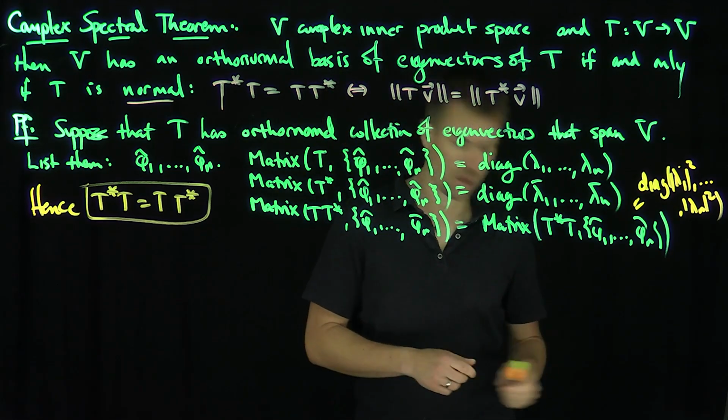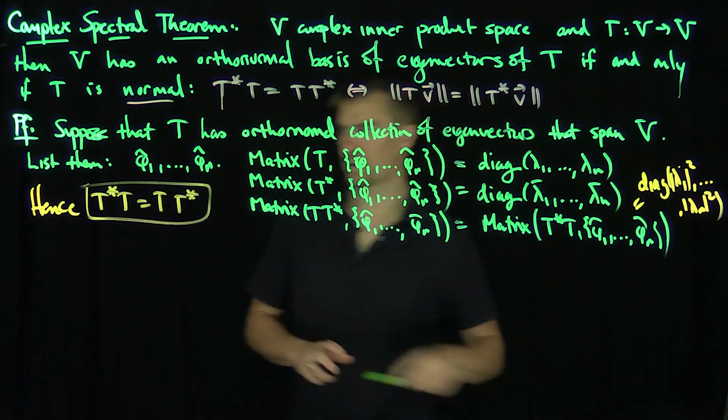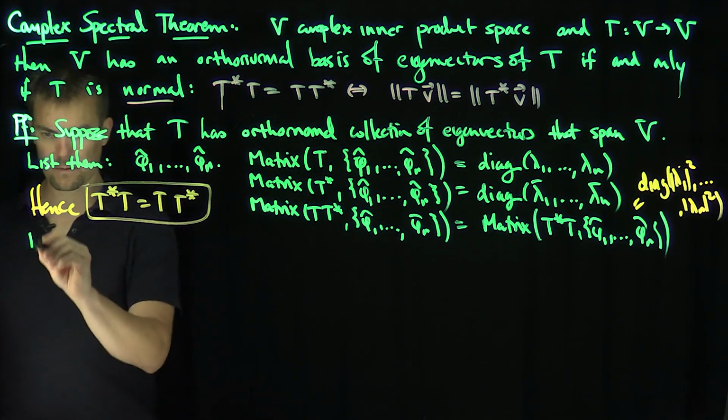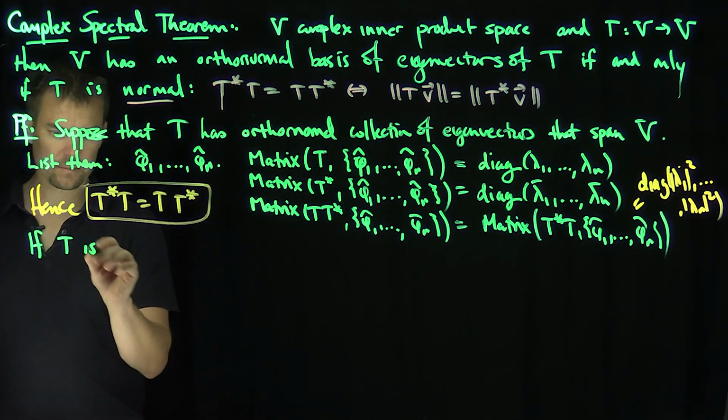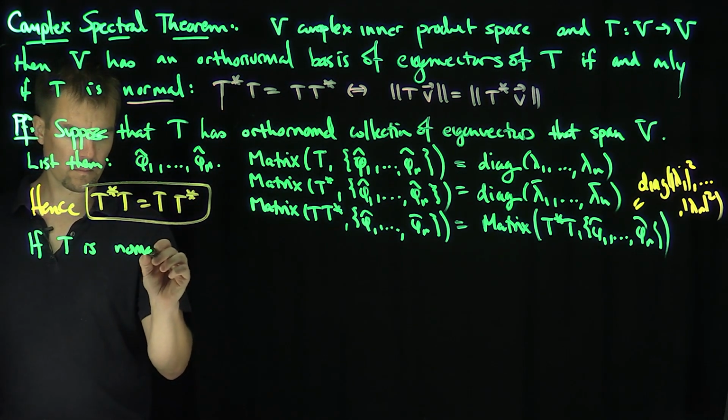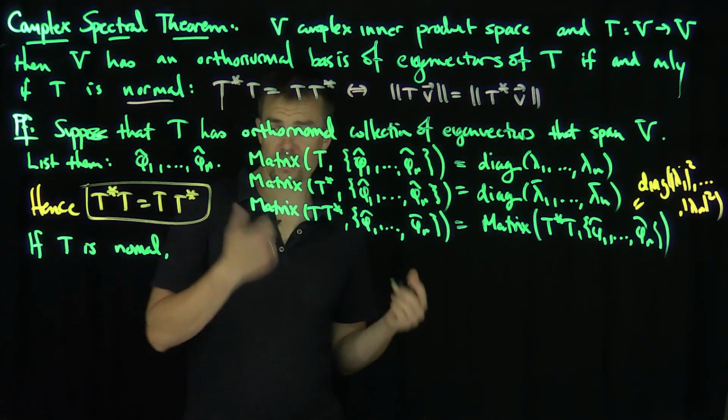Now let's suppose that you're normal, right? If T is normal, then we can apply Schur's lemma.